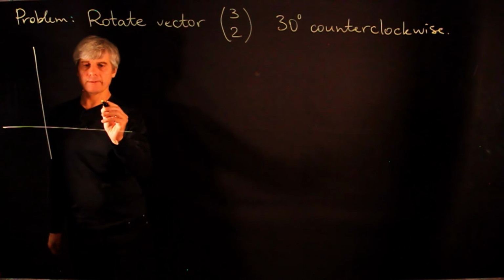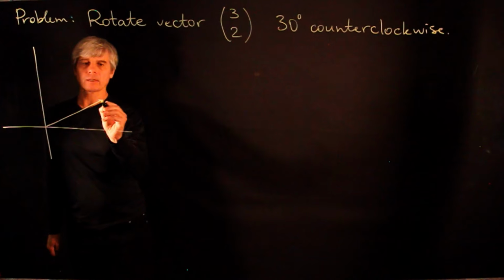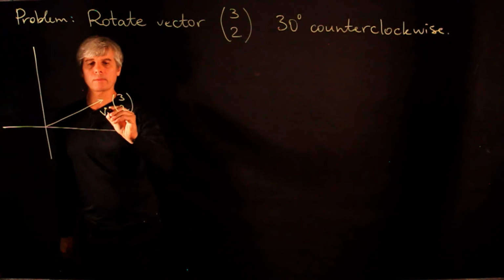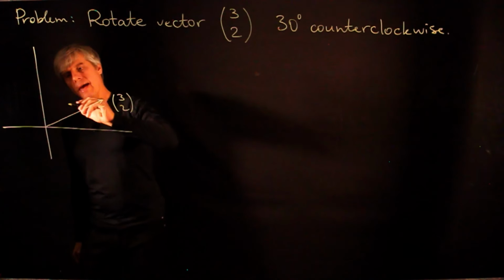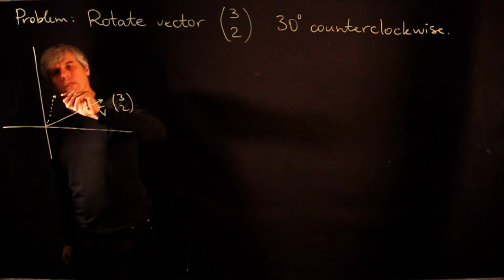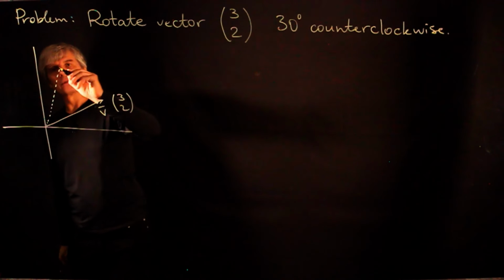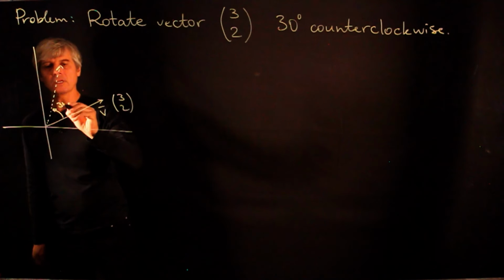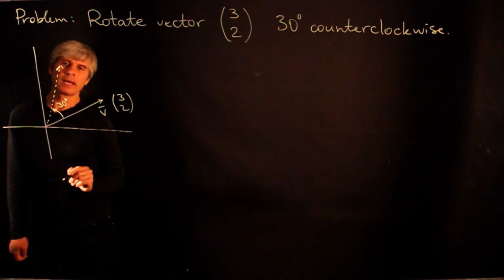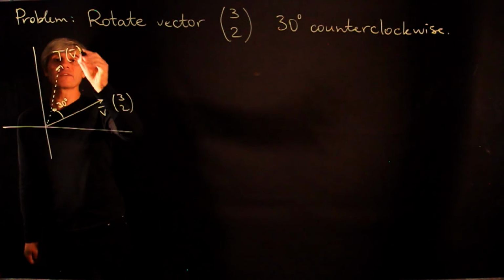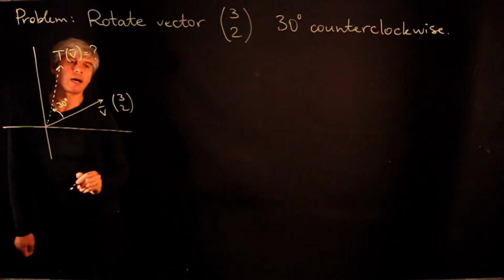Here we have a vector with coordinates (3, 2), the vector V. What we need to do is rotate this vector by the angle of 30 degrees, and determine what is the image of this vector after this rotation.